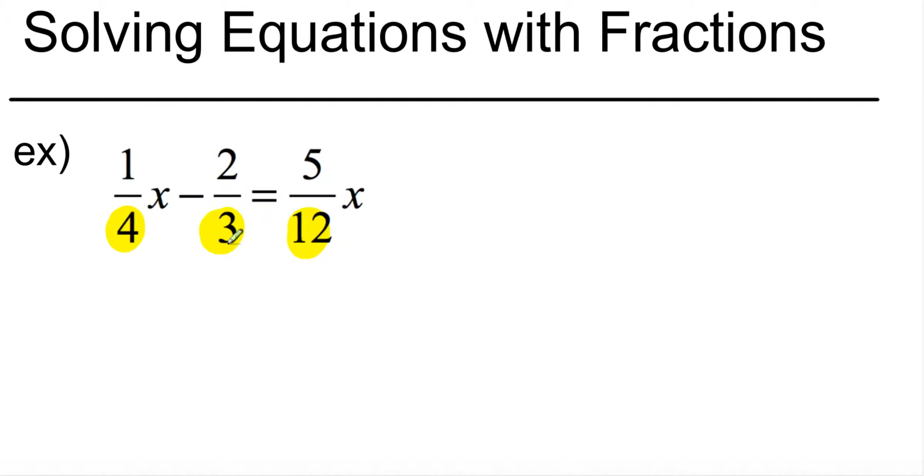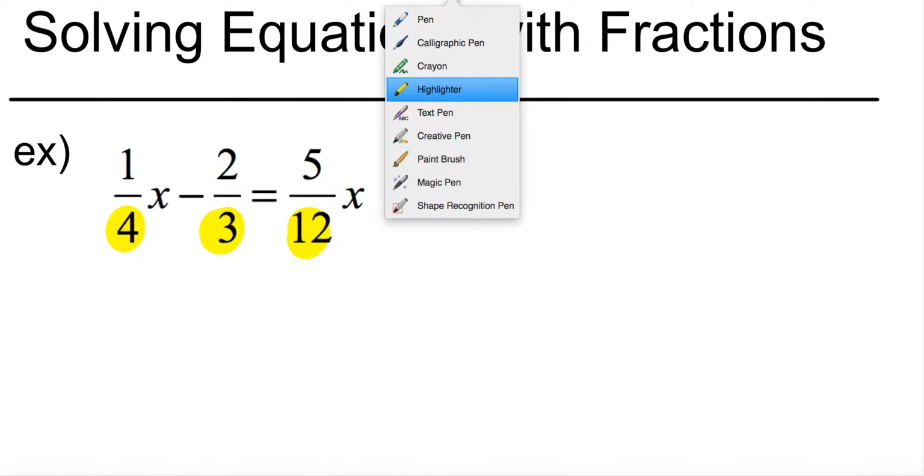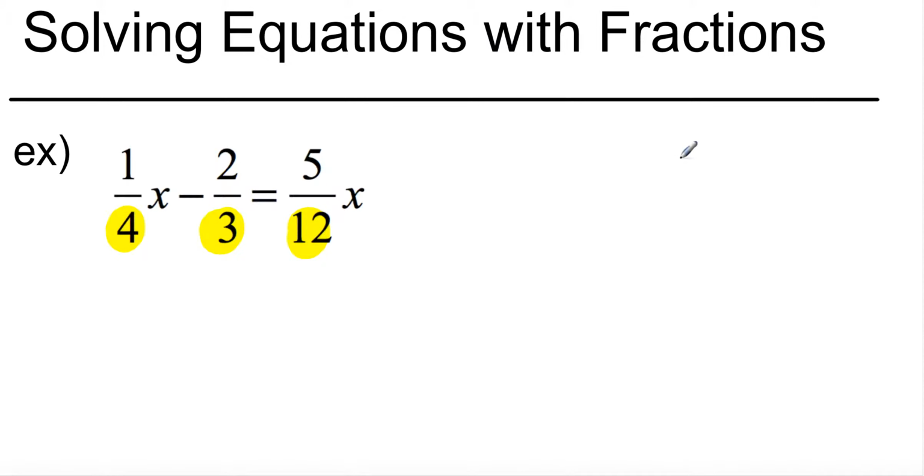And those three pieces actually have a number in common. So when we see fractions, we want to look at the denominators and we want to find the least common multiple of the denominators.